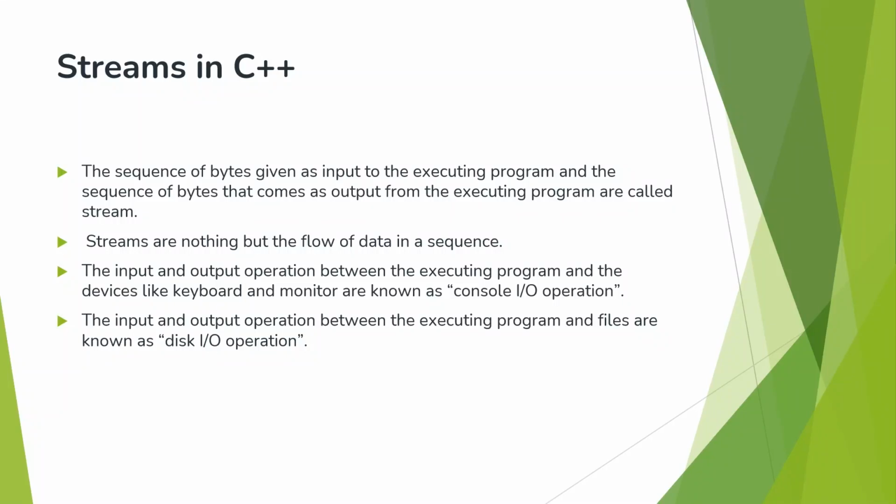Streams in C++. The sequence of bytes given as input to the executing program, and the sequence of bytes that comes as output from the executing program, are called a stream. It is the flow of data from one end to the other end, and the same from the other end to this one.